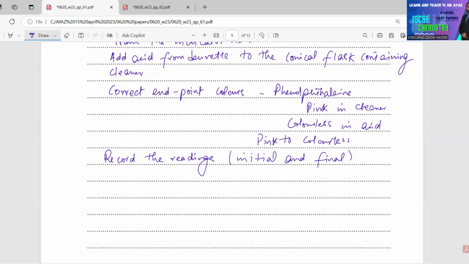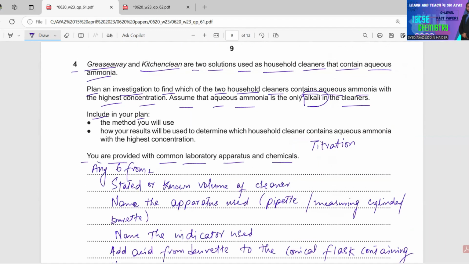Next point, definitely higher volume of acid used means more concentrated ammonia. So you can write any six from these.